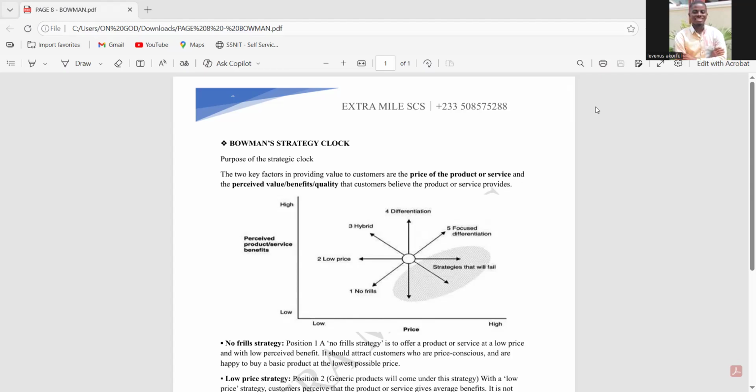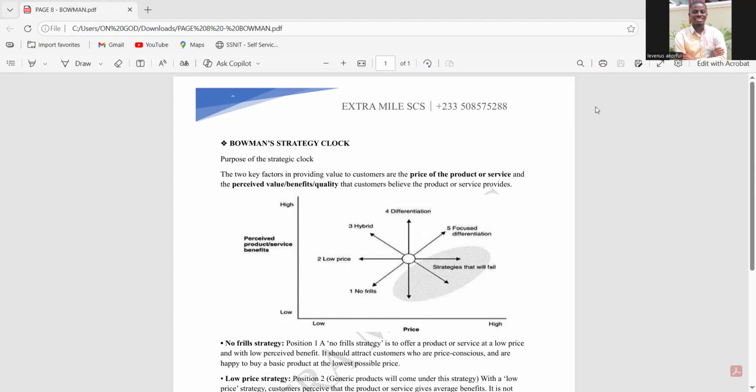The first one is price. What price and what level of perceived quality, benefit or value can you serve to the market?